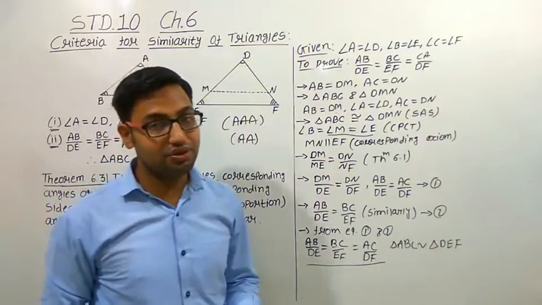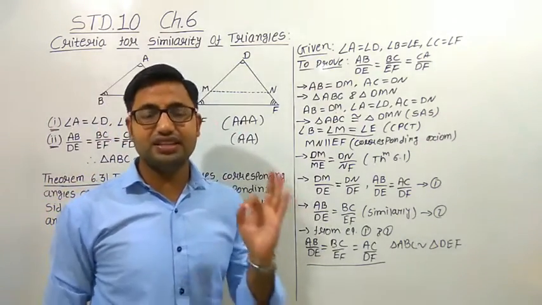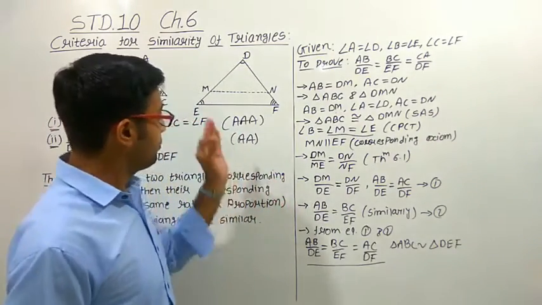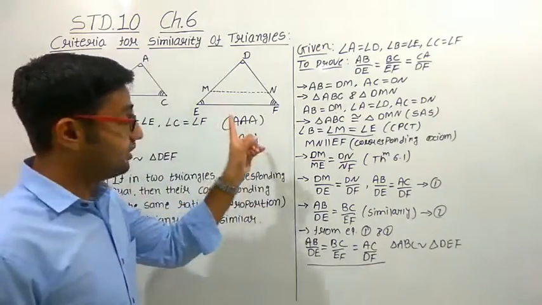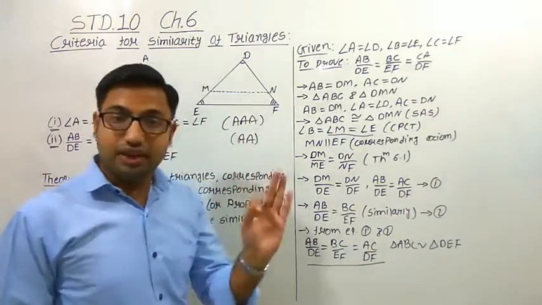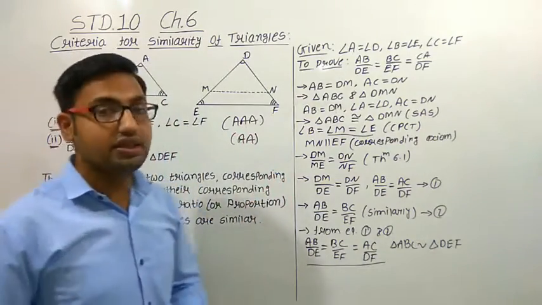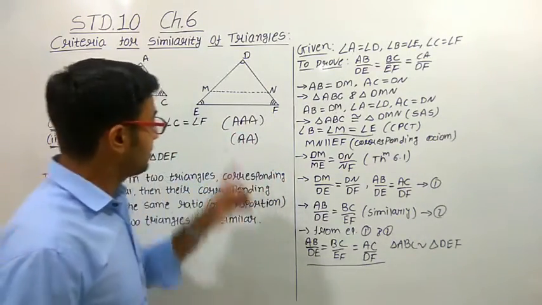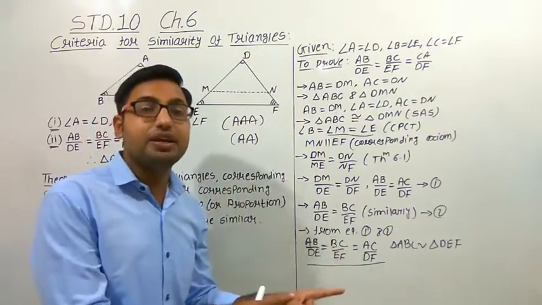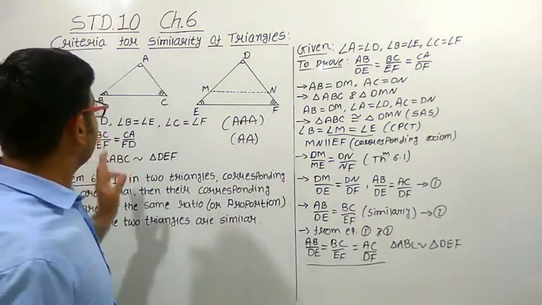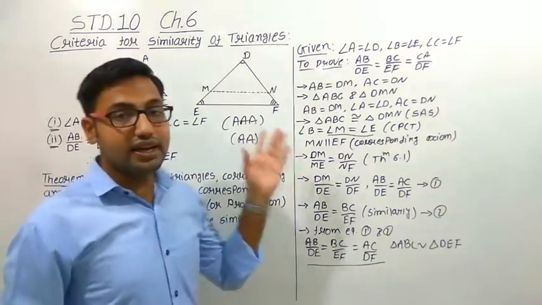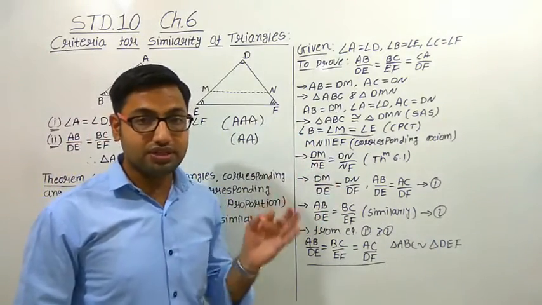That means two angles are the least required condition to prove two triangles similar. If only two angles of the two triangles are equal, then we can say that the two triangles are similar, because the third angle will automatically be equal. Right? So this is all about the first criterion, the angle criterion of similarity.